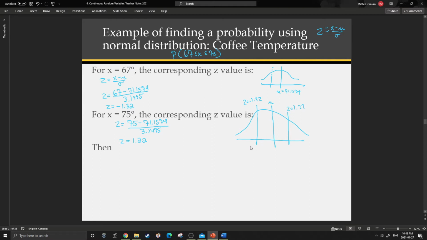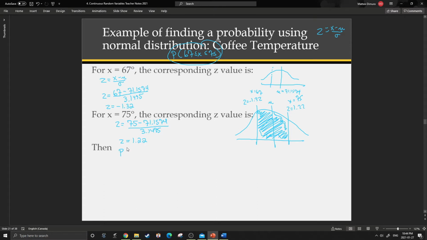Okay, now my random variable x, so this represents the temperature of 67. This represents the temperature of 75. And I'm looking for the probability that x is between those 2 numbers. So because it's a normal distribution, we actually know that if we can calculate this area under the normal distribution curve, we will have the actual corresponding probability. Oh, that's pretty neat. So how do we write that in math?